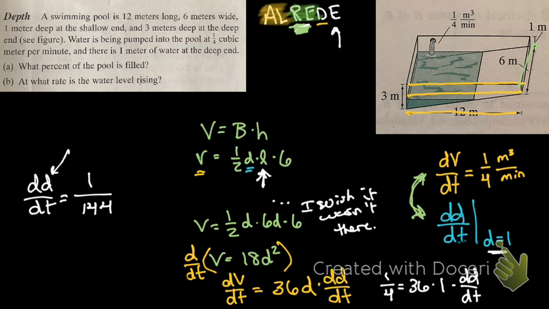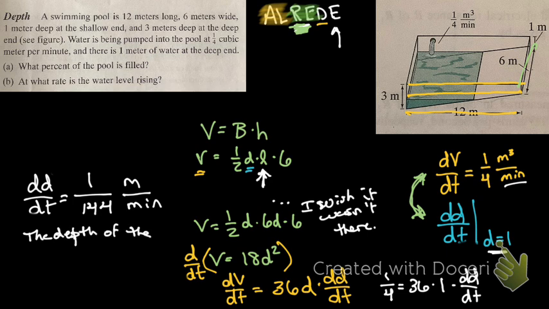So how is D changing? Well, what are the units of D? Meters. And then how is t changing? Well, what is t? If I come over here, they were talking about t as being time in minutes. So I know it's changing at 1/144th meter per minute.